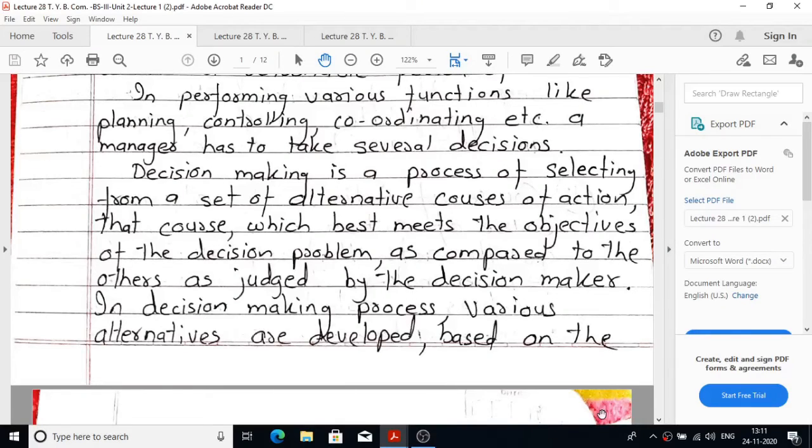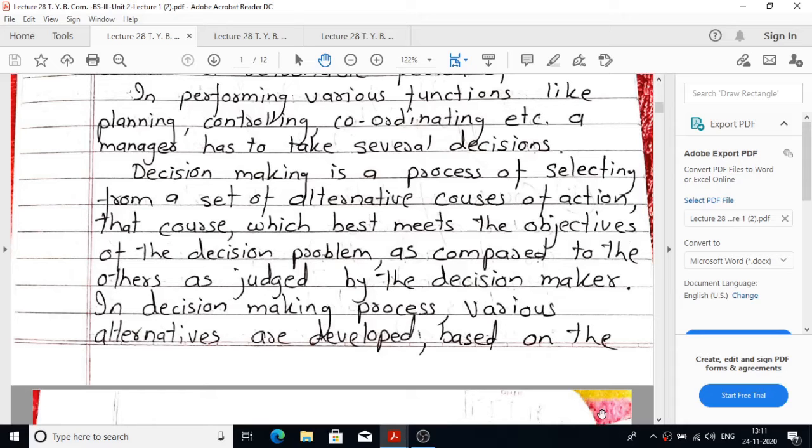See the definition. Scientific decision making is a well-tried method of reaching the best possible choice for a solution within a reasonable period of time. In performing various functions like planning, controlling, coordinating, etc., a manager has to take several decisions.